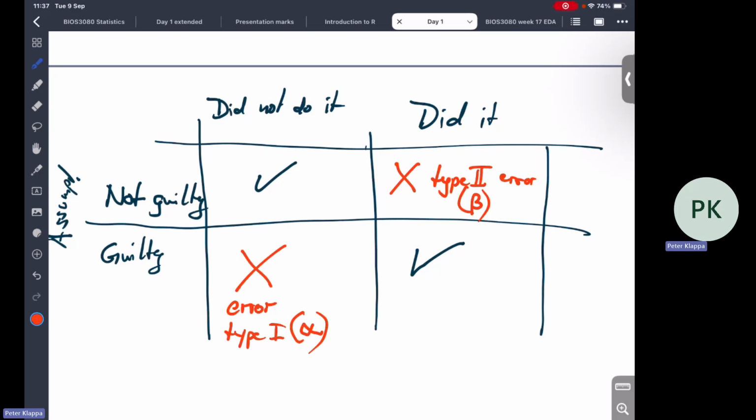Type 1 error is absolutely, we need to avoid that. So we need to have pretty damning evidence to make a guilty verdict, because the guilty verdict has far more consequences than, say, a type 2 error. We just let her go.